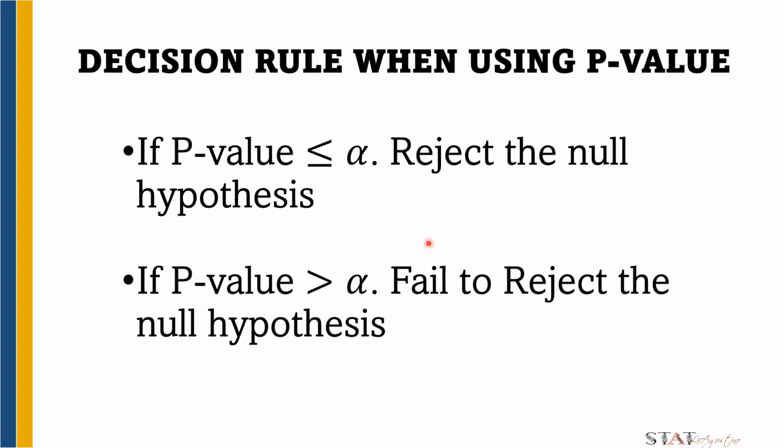So you have to remember this decision rule when using the p-value. If the p-value is less than or equal to alpha, or your level of significance, and our default is 0.05 or 0.01, then your action would be to reject the null hypothesis. If your p-value is greater than alpha, then fail to reject the null hypothesis.